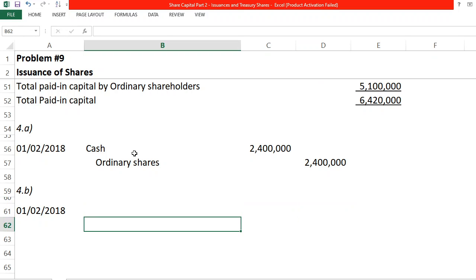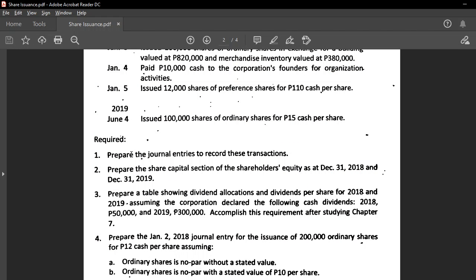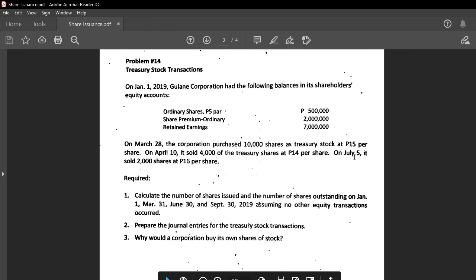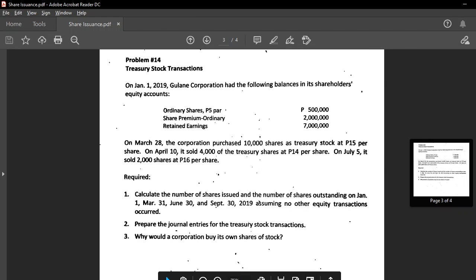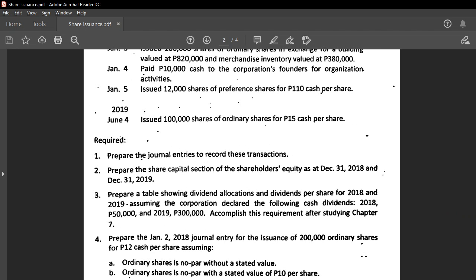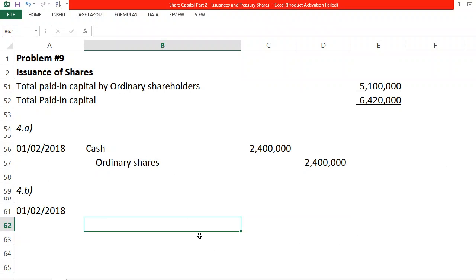Next, assuming that ordinary shares is no par with a stated value of 10 pesos. Cash, ordinary shares. But this time it has a stated value, right?